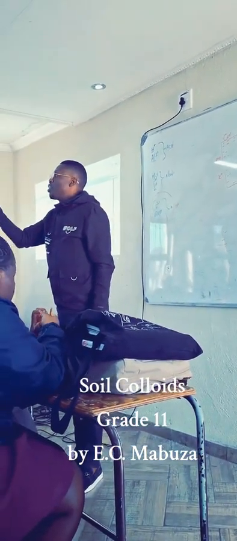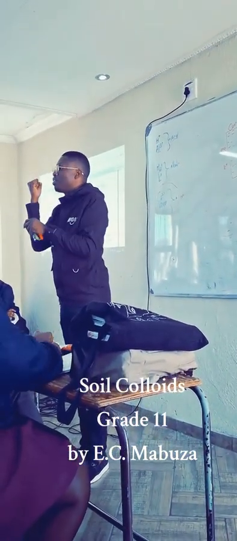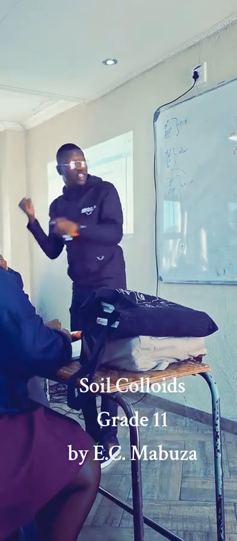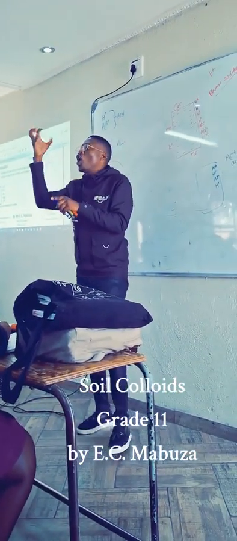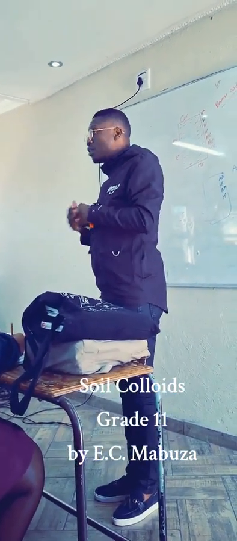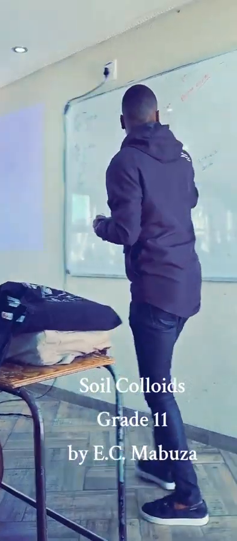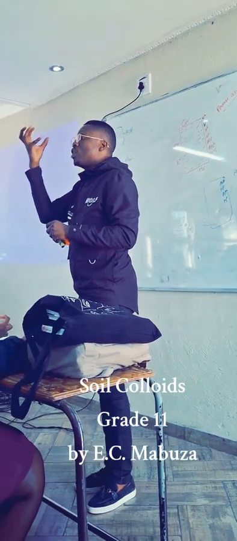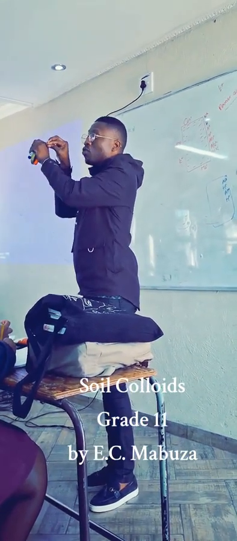Like concentrated orange juice, you add water, it dissolves, a homogeneous mixture. So now this one is dissolved in what? In the solution. What solution are we talking about? The soil water. So these cations are now part and parcel of the soil water. The others are attached around the particle.